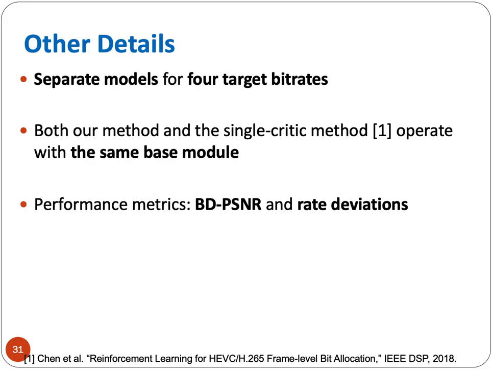For more details, we use 4 separate models for 4 target bit rates. And for a fair comparison, both of our Dual-Critics method and the single-critic method operate with the same base module. We apply BDPSNR and the rate deviations as our evaluation metrics.